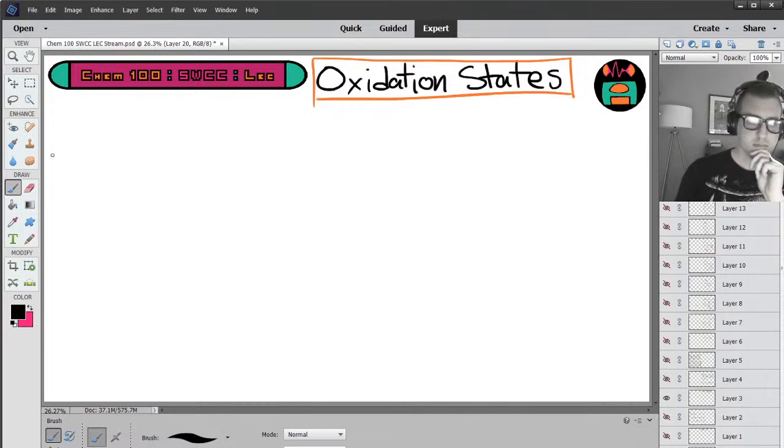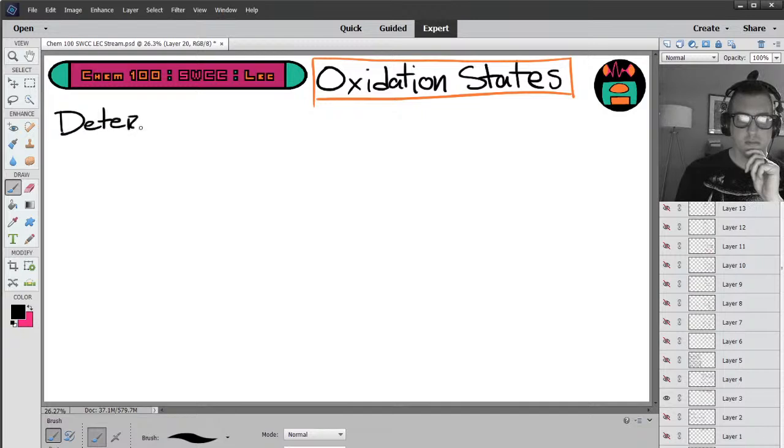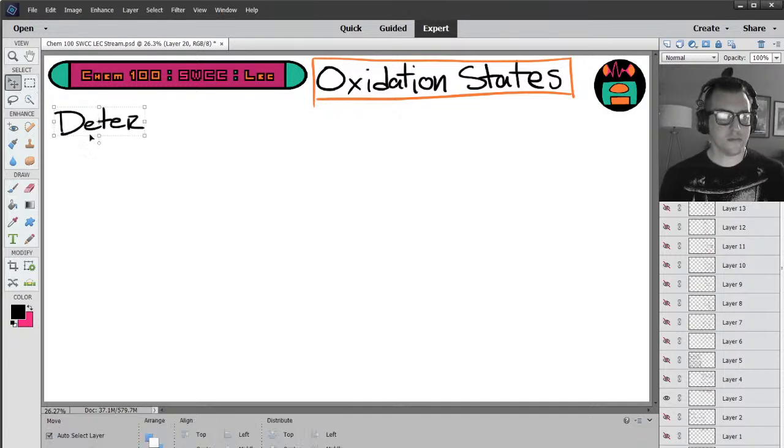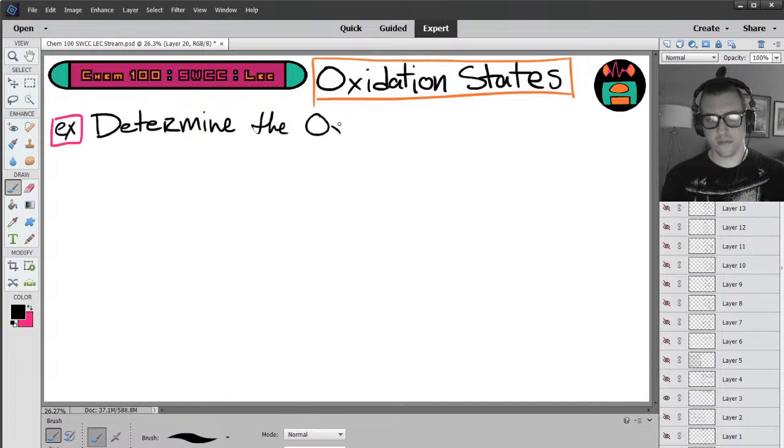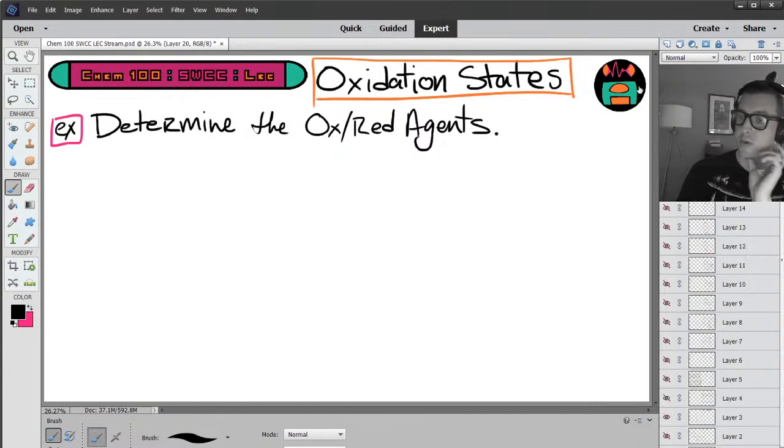So let's do a few examples. Determine the oxidizing and reducing agents in the following chemical equation.